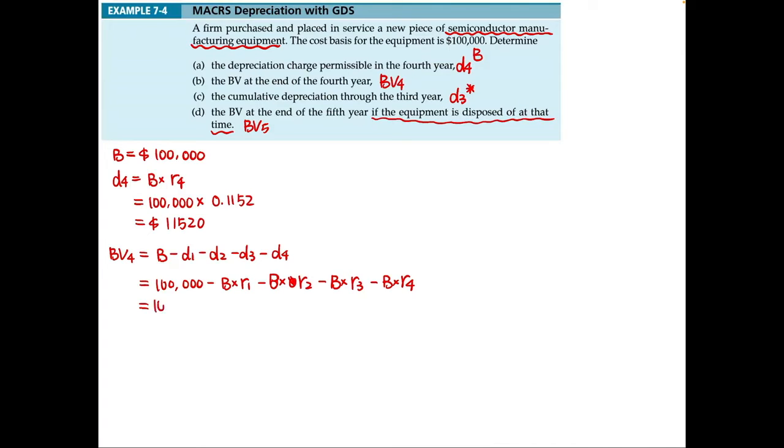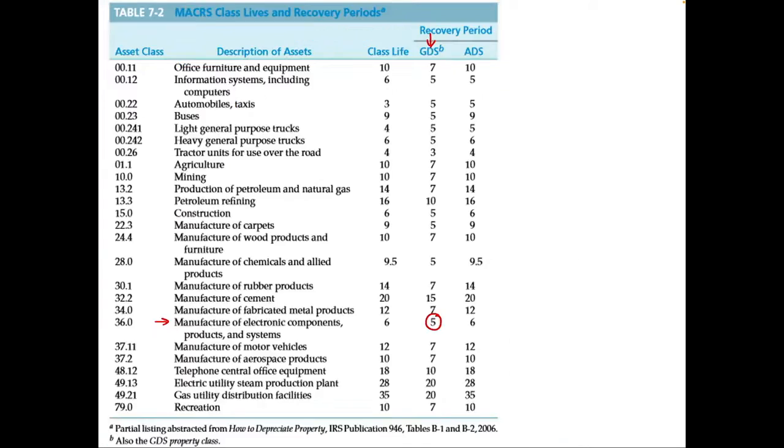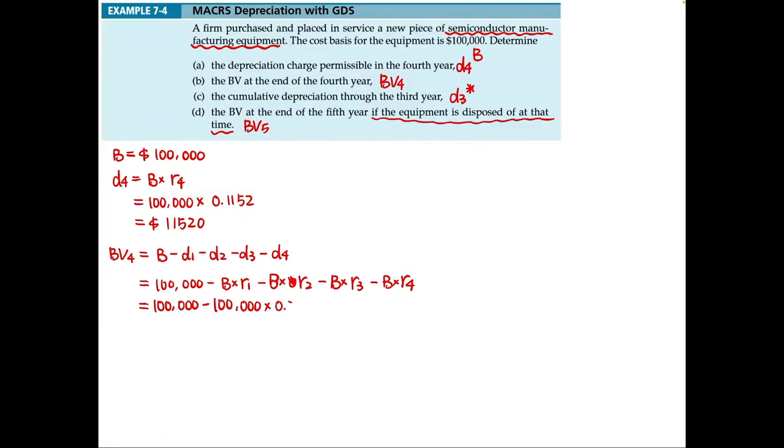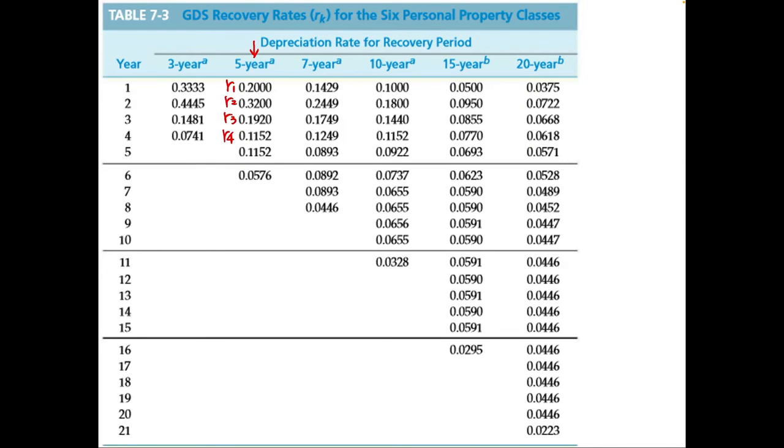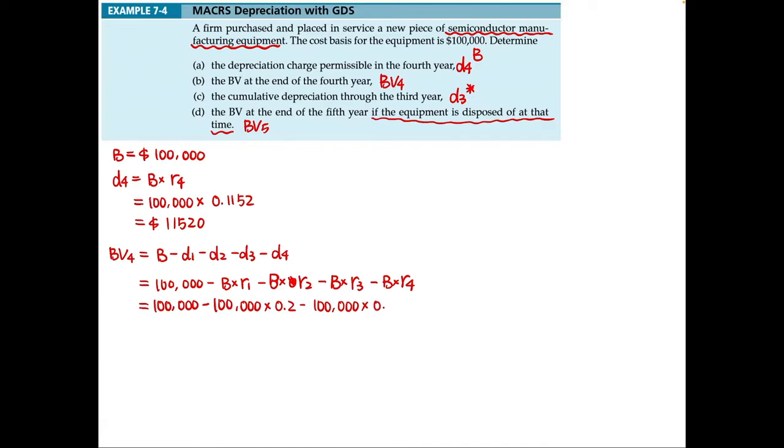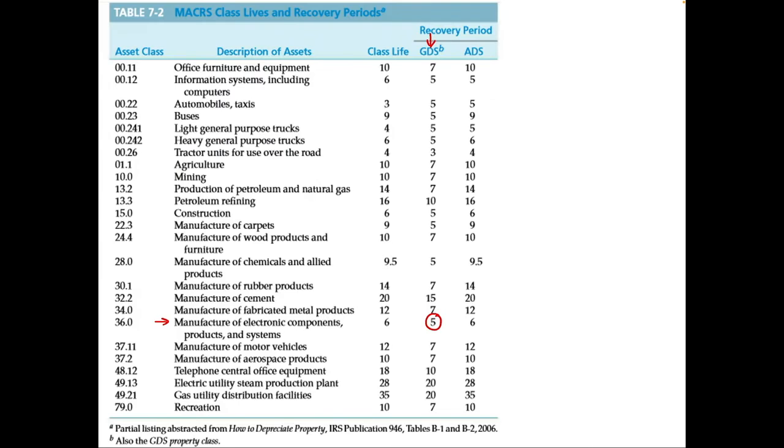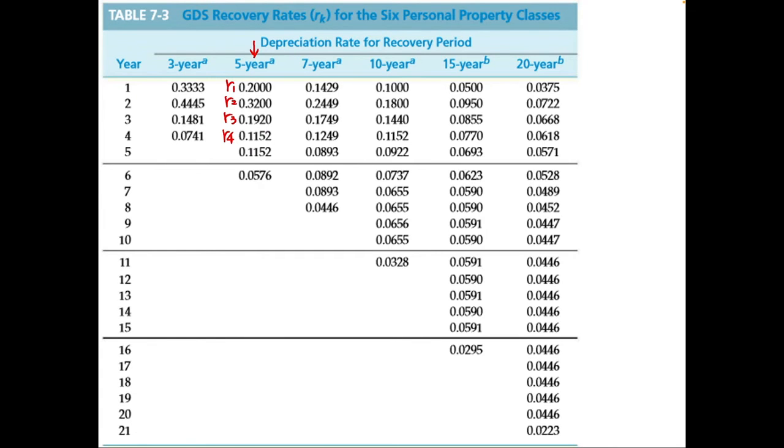Okay, so B is 100,000 times R1 is 0.2. R2 is 0.32. R3 is 0.1920.